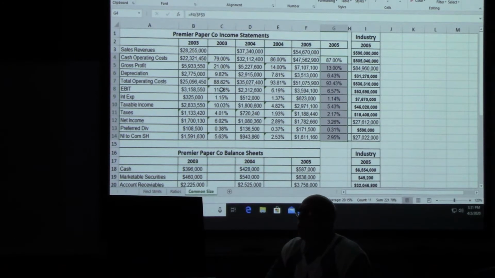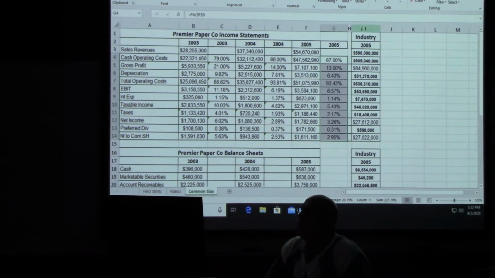Our operating margin has been cut significantly, and this is the kind of ratio analysis we were doing in question 2. All right, but what we're looking for are trends.